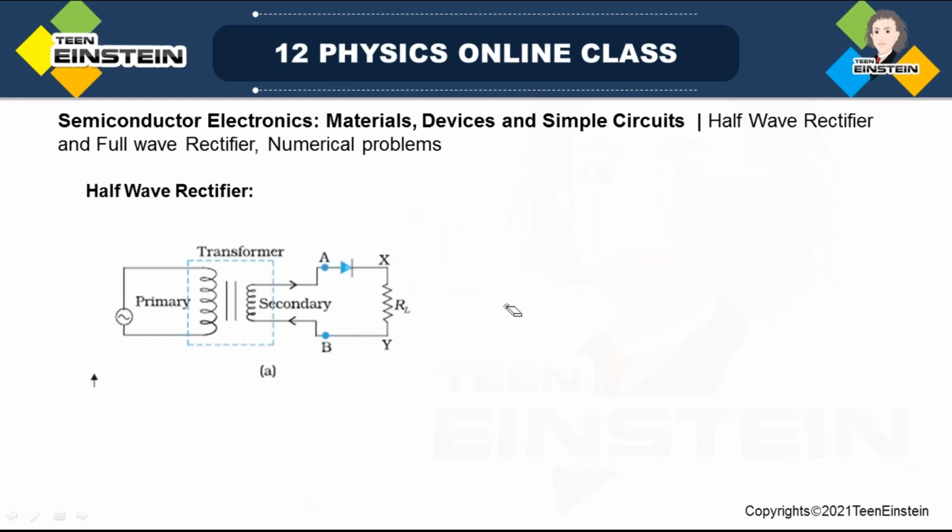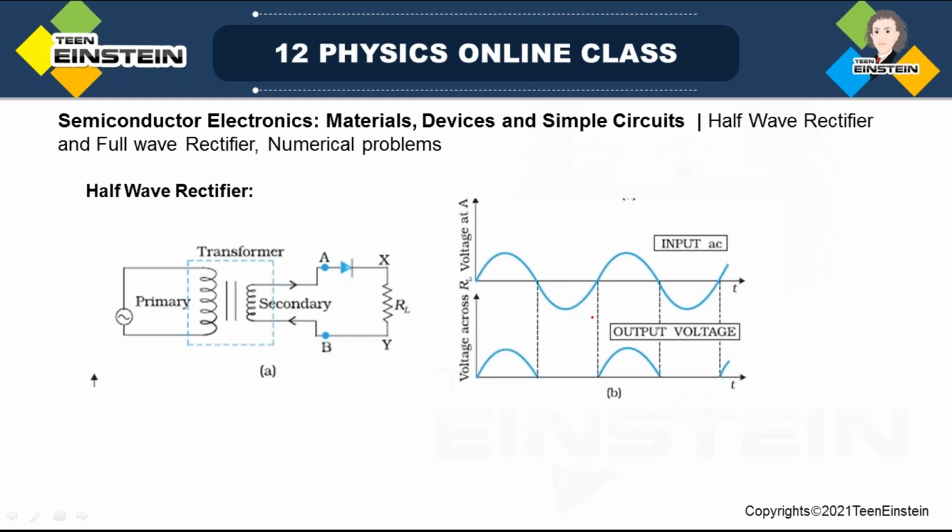If you look at the output waveform, it will be something like this. See, this is the voltage at A. So when the voltage at A is positive, then it is forward bias, so you will get a voltage across this RL.